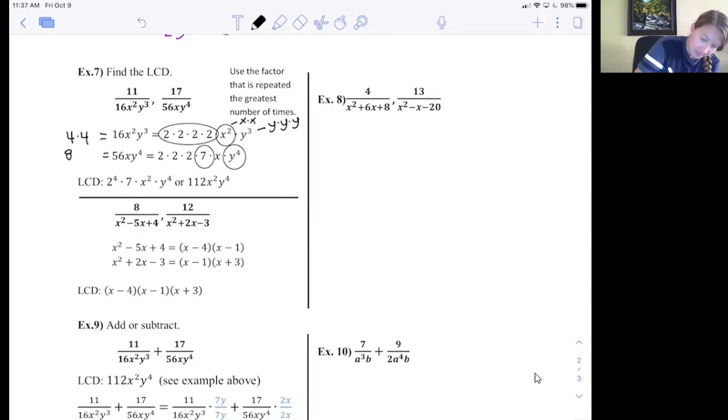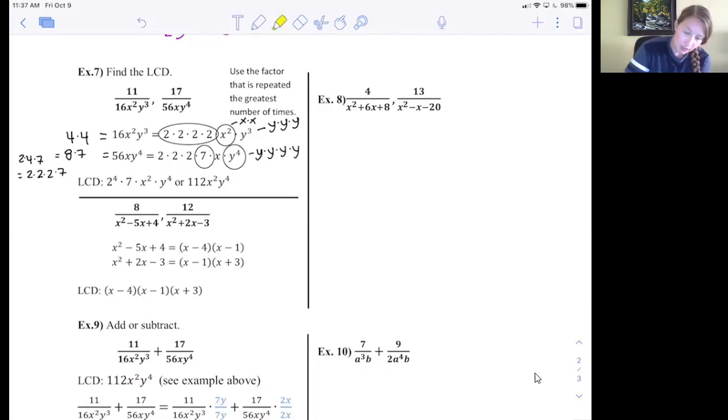8 times 7. So then they said 8 equals 2 times 4 times 7, which then equals 2 times 2 times 2 times 7. So that's where they got these numbers. And then x times, and then again, I would say y times y times y times y, 4 y's.